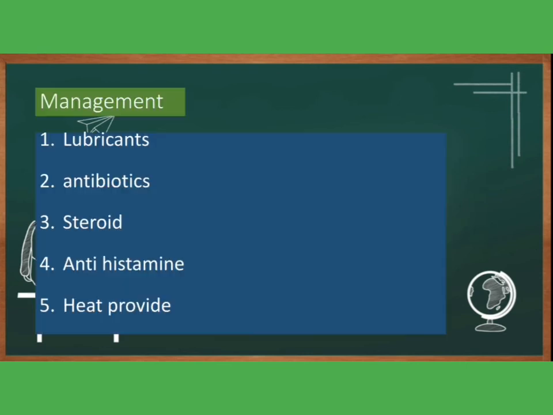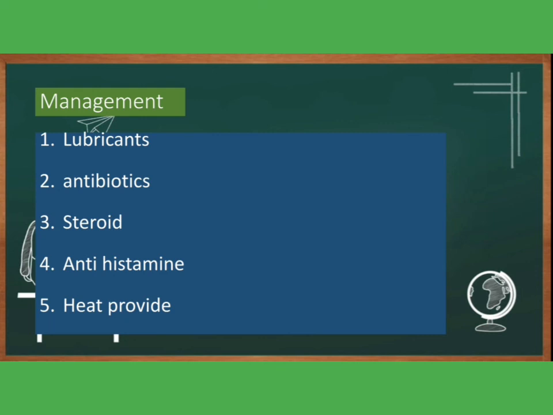Okay, now for the management. So management can be with the help of lubricants, antibiotics, steroid, antihistamine, and heat provide. So lubricants means the consultant will prescribe some lubricating eye drops to avoid the pricking sensation, burning sensation, etc., to moisten the eye.